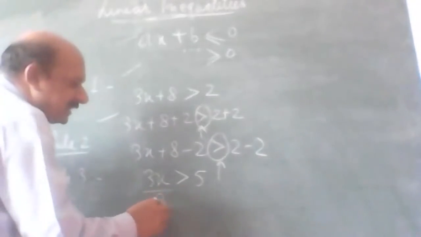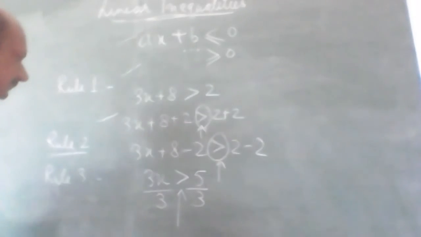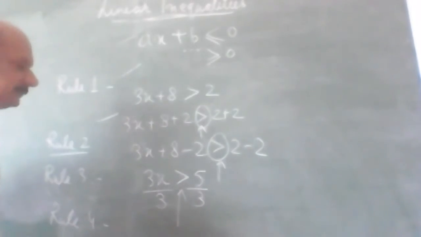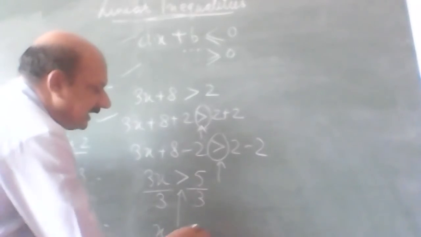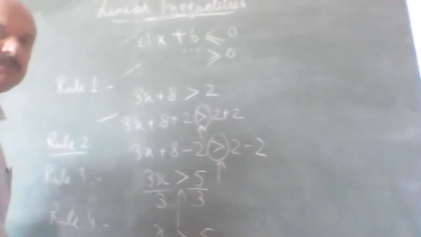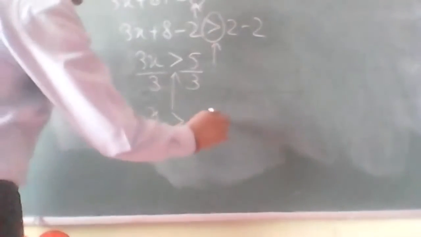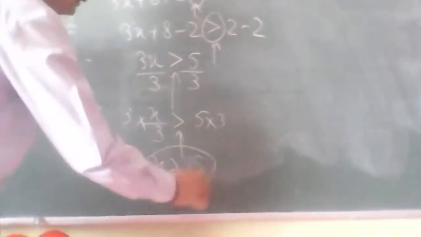If I have to divide this by equal number 3 by 3, inequality would remain same. Rule number 4. It was x upon 3 greater than 5. If I have to multiply by the same number, multiply 3 here, so multiply 3 here, inequality will not change. This will be x greater than 15.